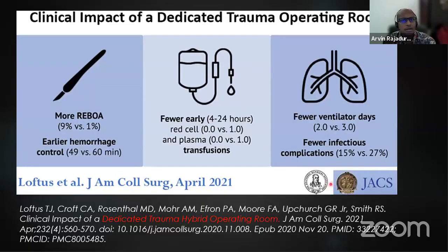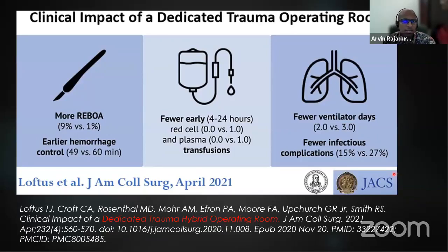So if we look at studies and trials, this one was published in 2021. All right, having a dedicated trauma hybrid operating room, they realized that they have early hemorrhagic control if they use a REBOA. I'll kind of explain what a REBOA is. All right. They have fewer early transfusions, fewer ventilator days, and fewer infectious complications.